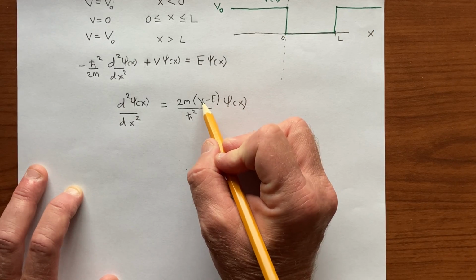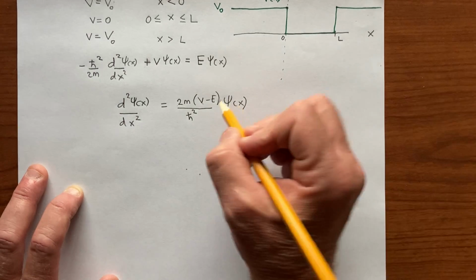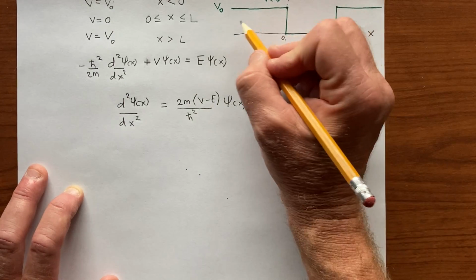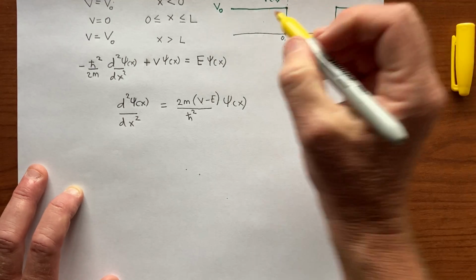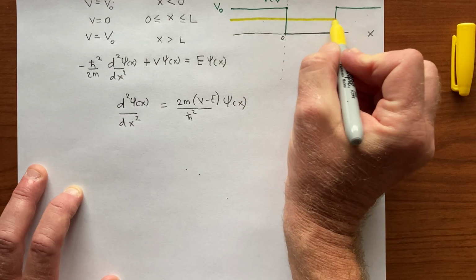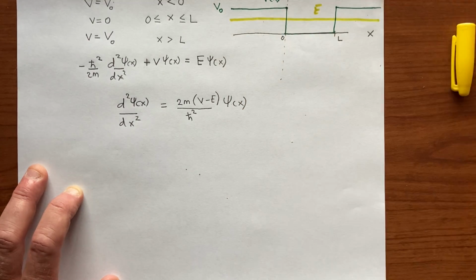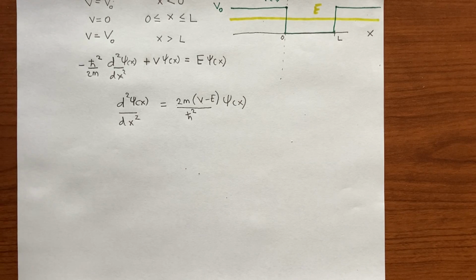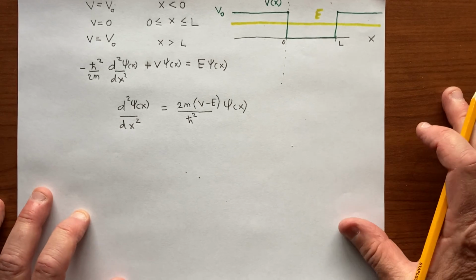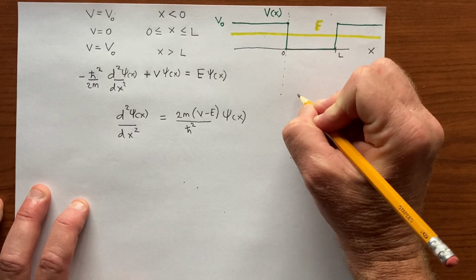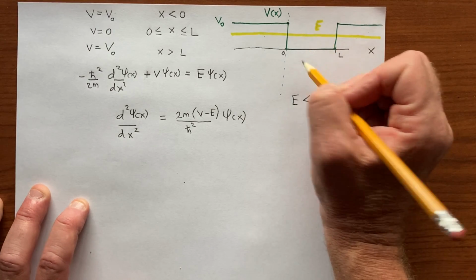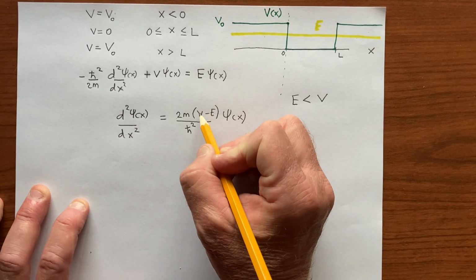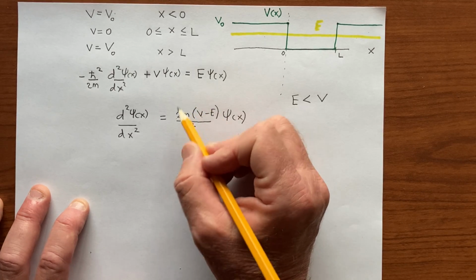Well, we have V minus E, and so we have to consider the value of E. Let's consider a value of E such that the energy E is lower than the potential V. If that's the case, then this becomes positive, and so we flip the sign, right?